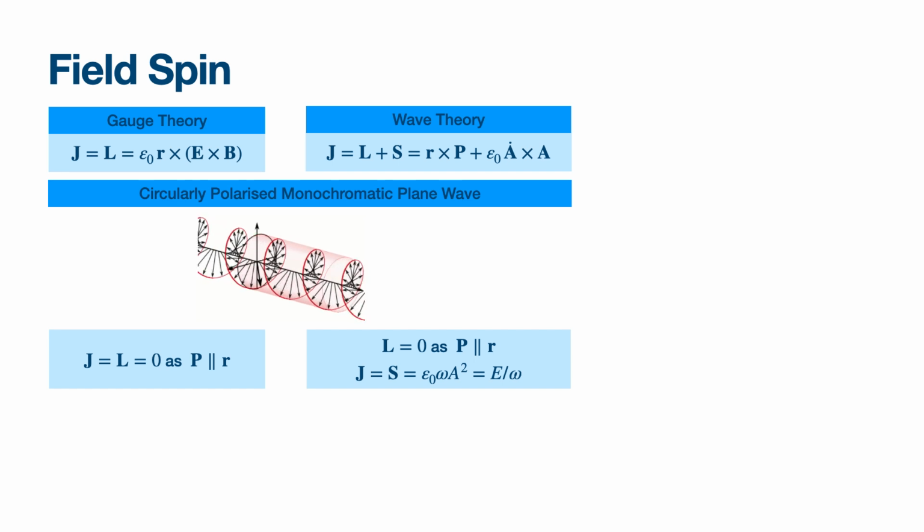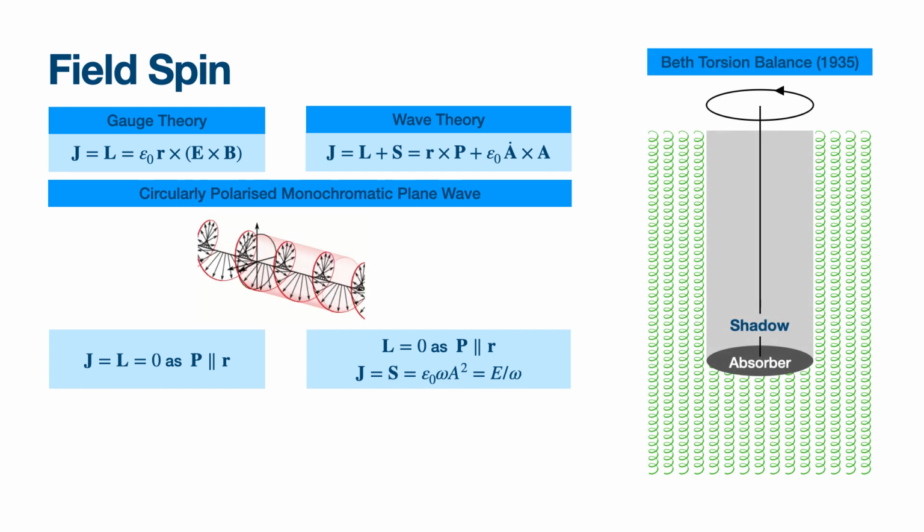This is also what is expected if light describes photons carrying spin 1. Both theories should predict the same total angular momentum, so this is a bit of a paradox. The solution is that in gauge theory the missing angular momentum shows up far away, where the wave is no longer plane.